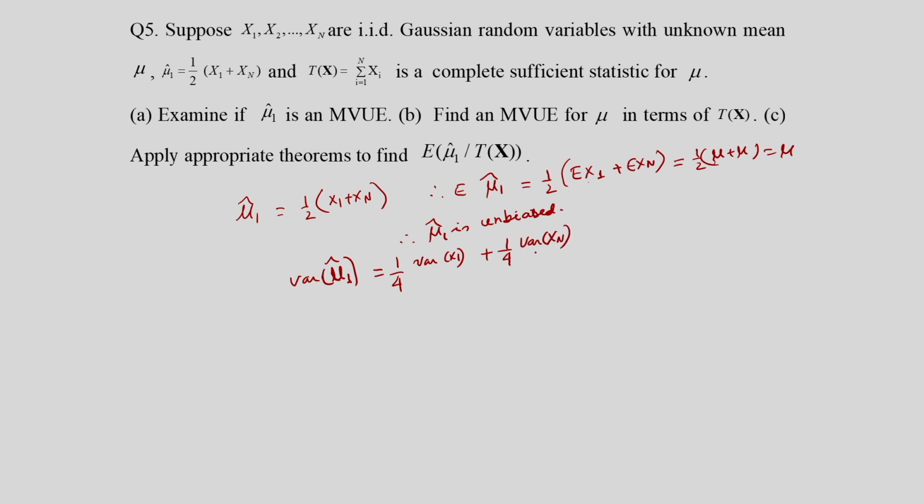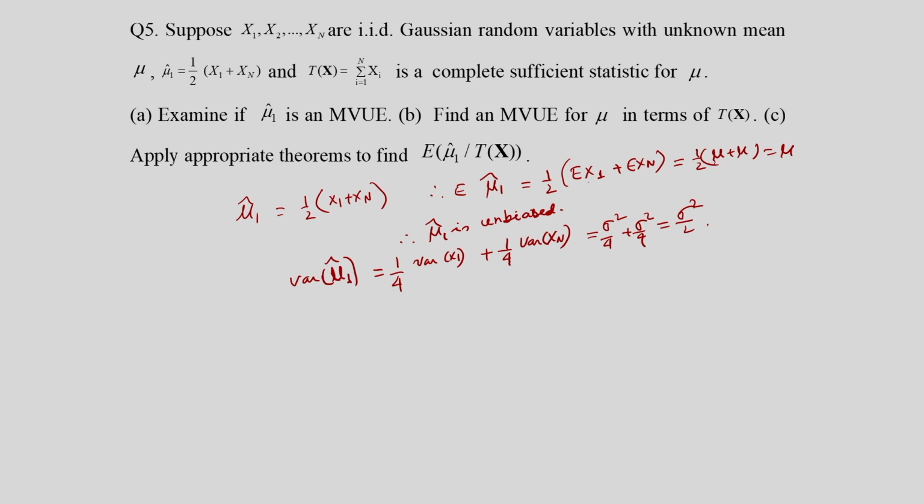Supposing variance of x1 is sigma square, then it will be sigma square by 4 plus sigma square by 4, which is equal to sigma square by 2. So, this is the variance of mu1 hat.